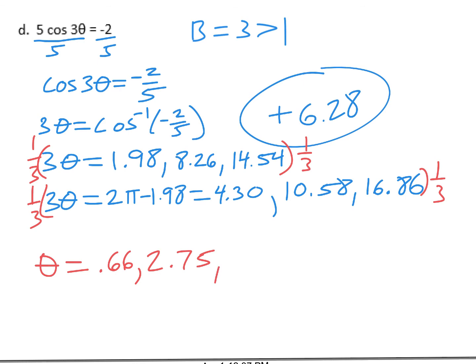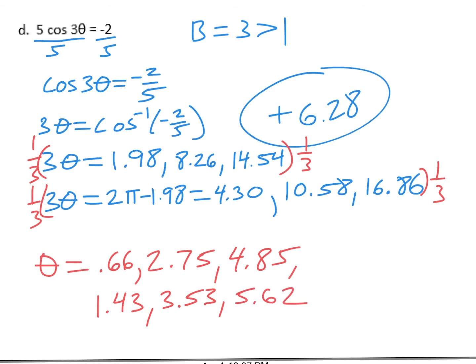I just want to get all 6 solutions. 14.54 divided by 3 is 4.85. 4.3 divided by 3 is 1.43. 10.58 divided by 3 would be 3.53. And 16.86 divided by 3 would be 5.62. There's our 6 solutions.